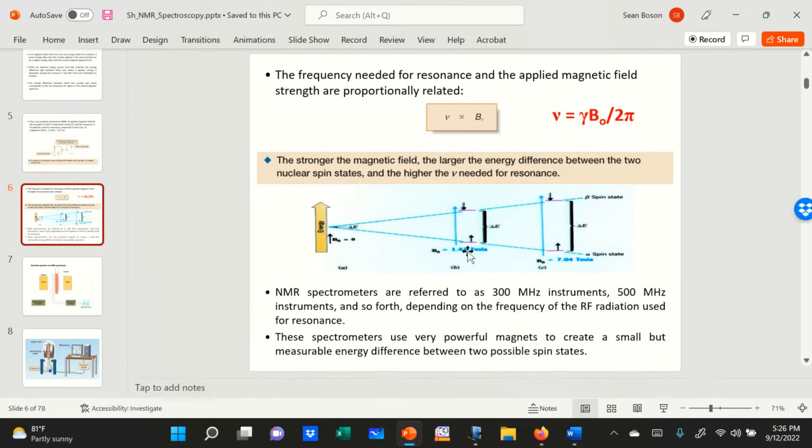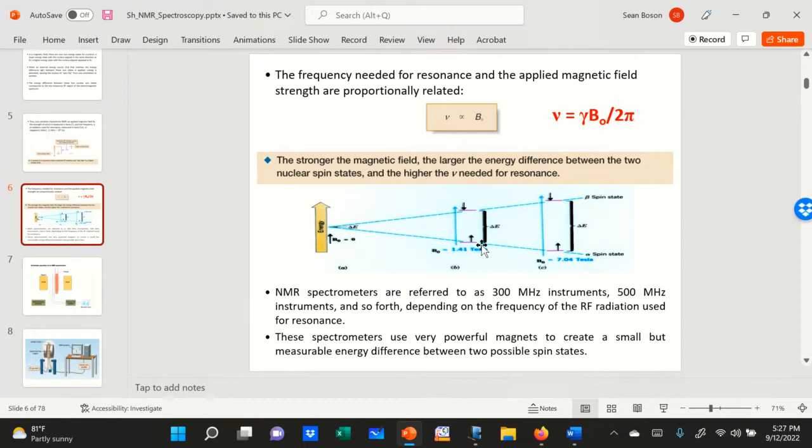So the point is, can the alpha state go to the beta state? Here is a similar idea to the vibrational transition I showed you, except this is a nuclear spin transition. If you were to apply energy which is exactly the same as the energy difference between the alpha state and beta state, then there is an exact match, and there is resonance.